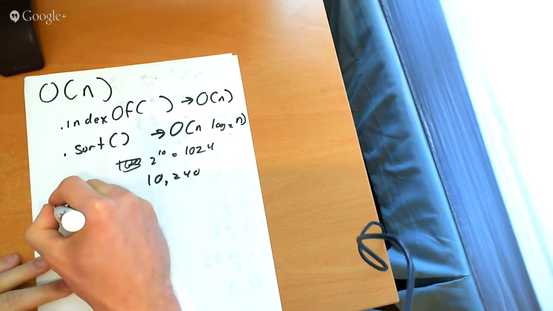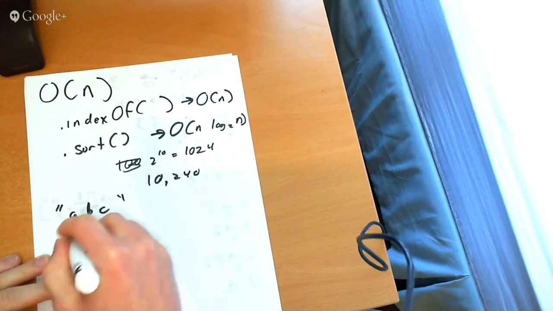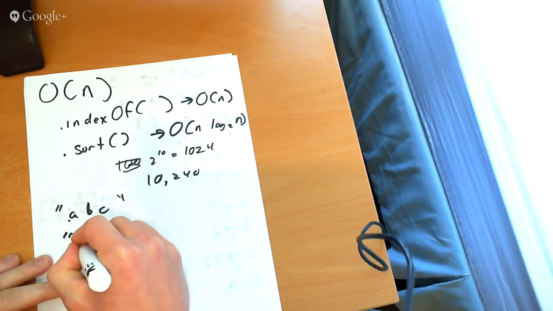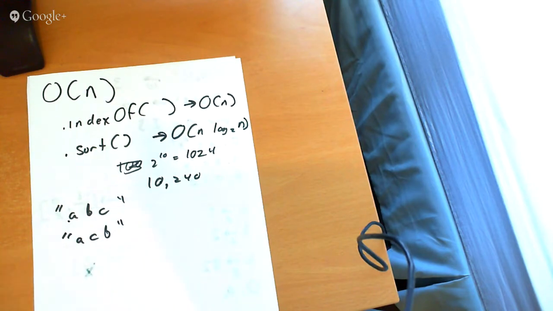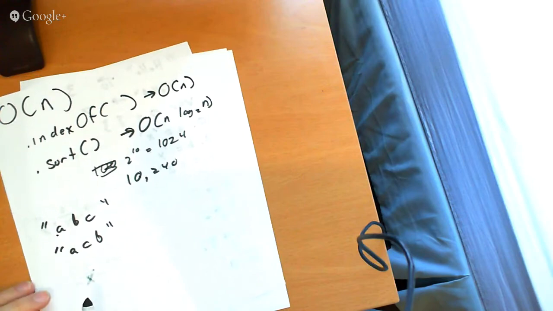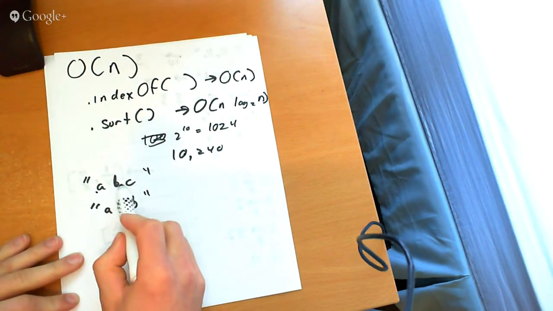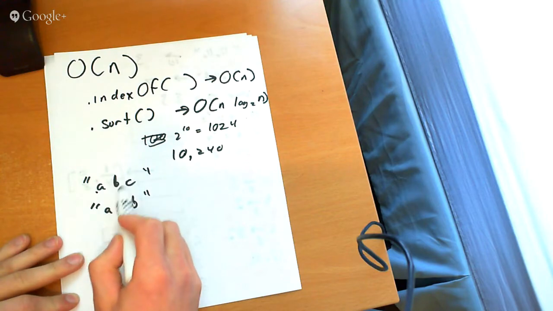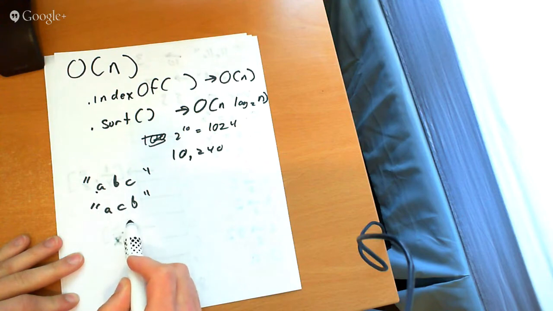Let's say I had 2 strings, A, B, C, and A, C, B. There are algorithms that take 2 strings and figure out the minimal number of changes I have to make to make them the same.